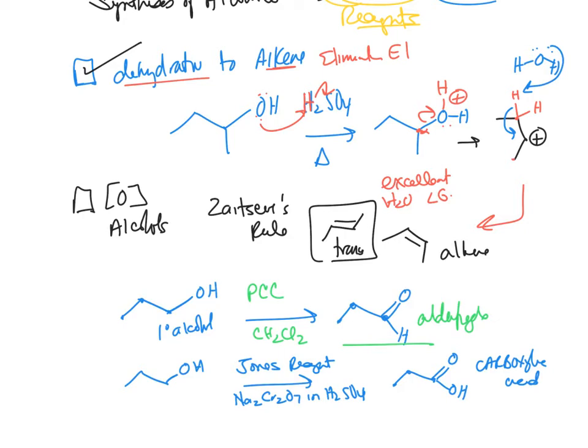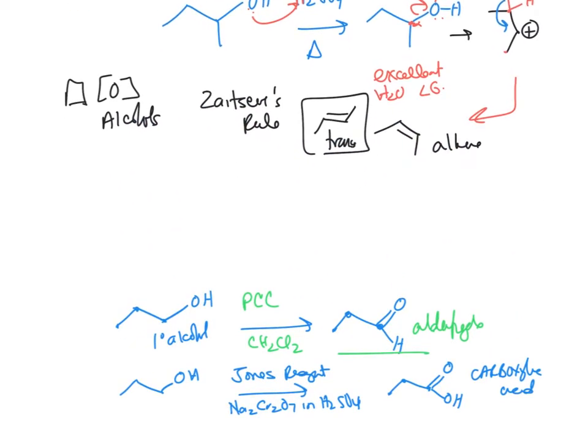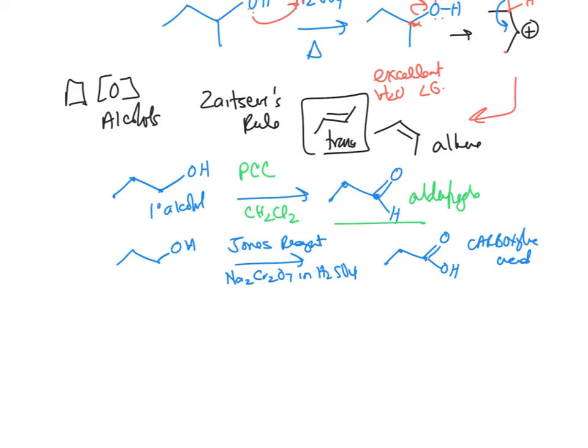And then you have secondary alcohols. If you have a secondary alcohol here, a carbon connected to two carbons, you can use PCC or you could use Jones, it won't matter, because the highest oxidation these reagents could do for a secondary alcohol is a ketone.